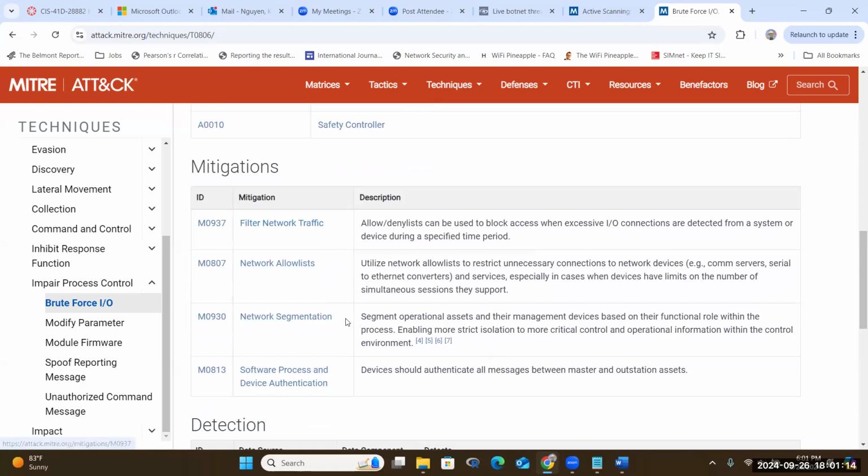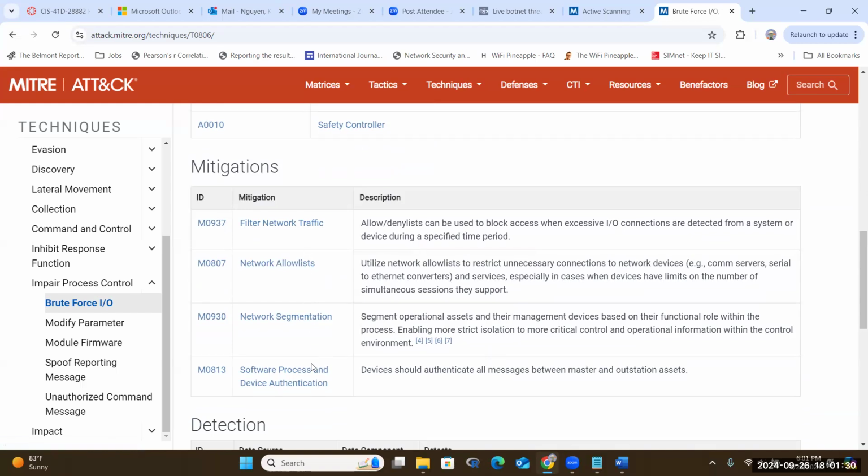Filter your network traffic. A lot of it comes back to network traffic, right? This is why cybersecurity really entails a larger understanding of networks and how network devices communicate.